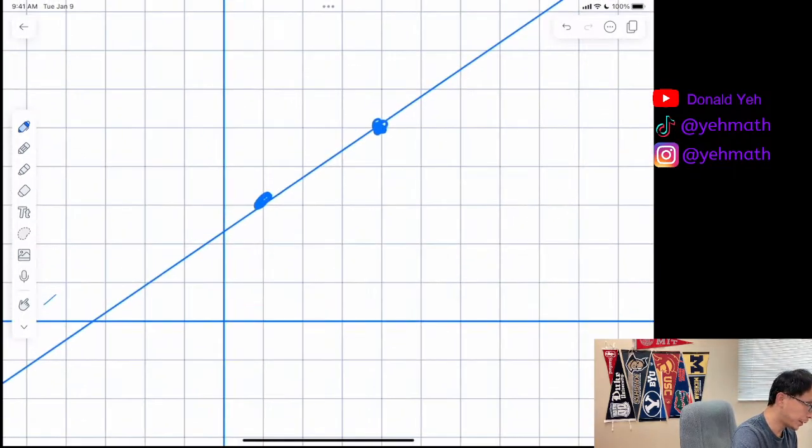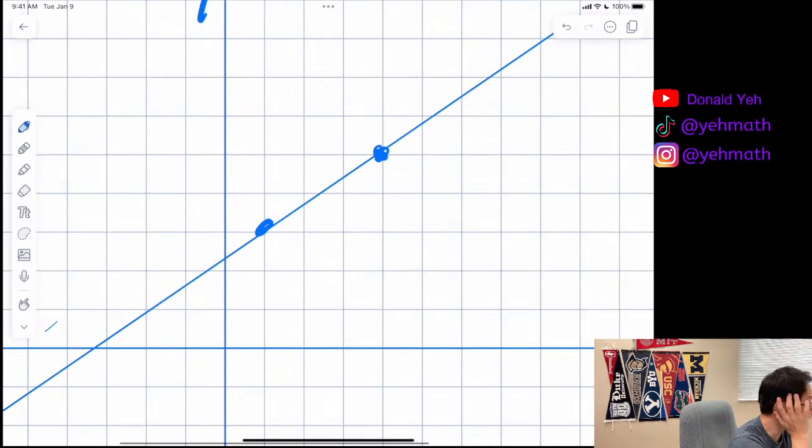Let me zoom in a little bit. Those 2 specific points. I didn't tell you what kind of form you have to give me. I'm just going to ask for the equation of a line. Can you tell me the equation of this line if I give you this graph?